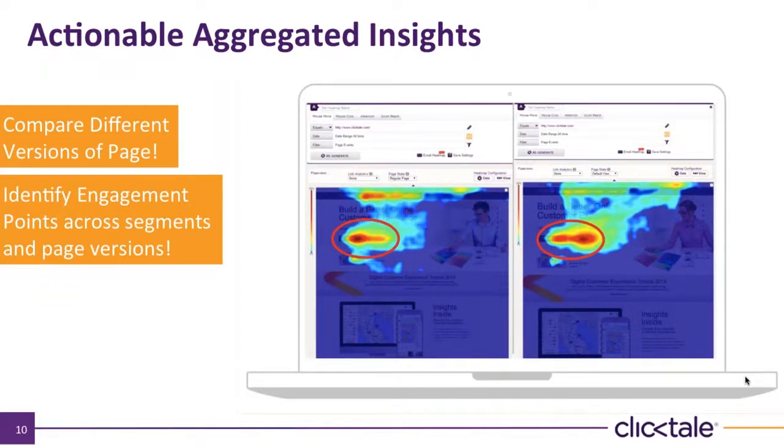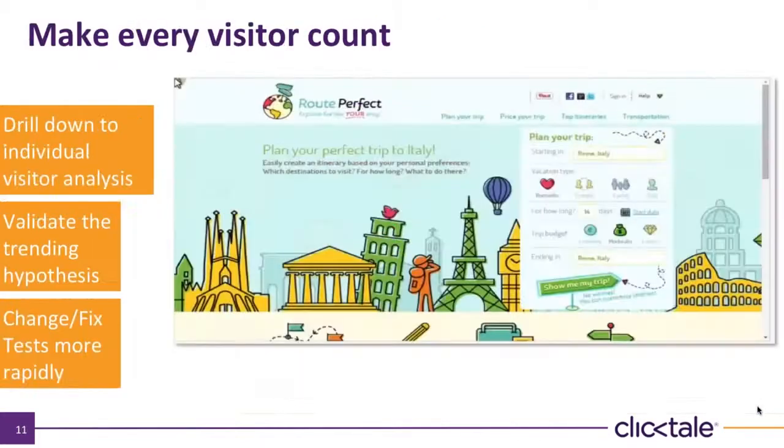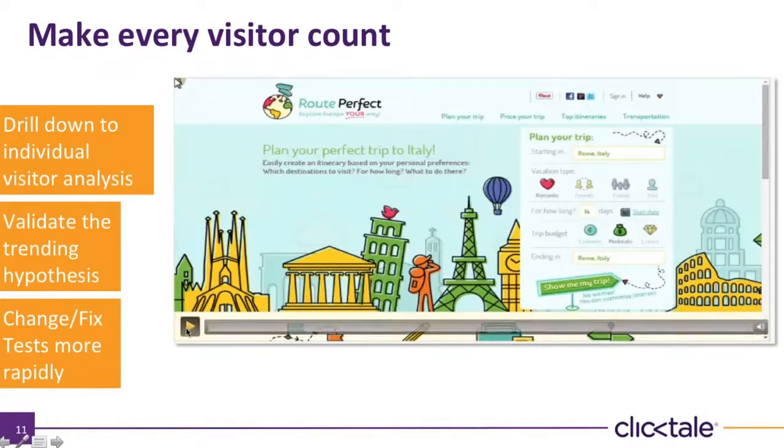This feature is allowing you to decide what to test by seeing what customers are paying attention to and what elements are being ignored or are maybe even distracting to the visitors. Now this is a great way to get the big picture, aggregate data analysis. But what about digging deeper and understanding the more personal level of things, the more granular level? This is done easily by drilling down from the heat map user group into the session replay. Let's see what a session replay looks like on a travel website.